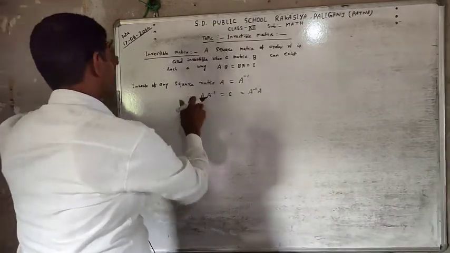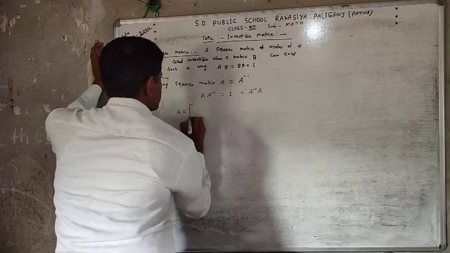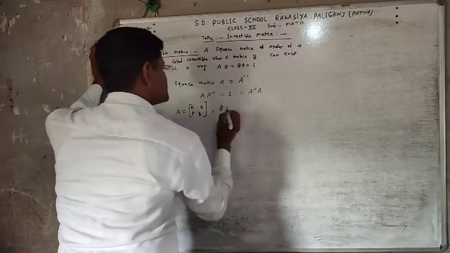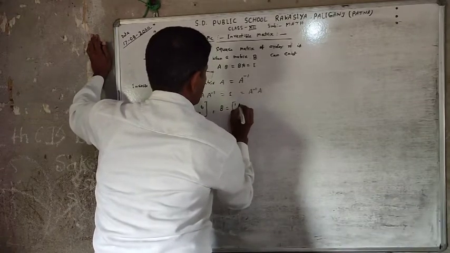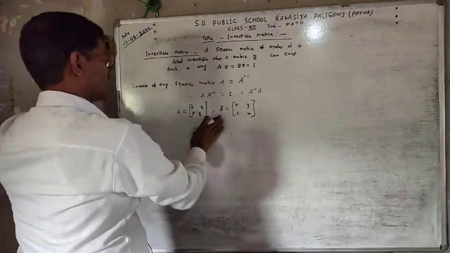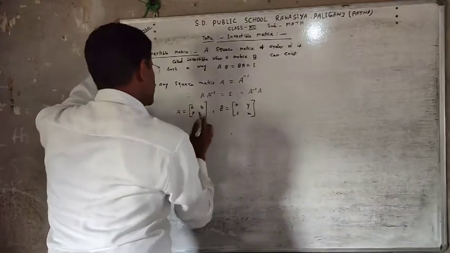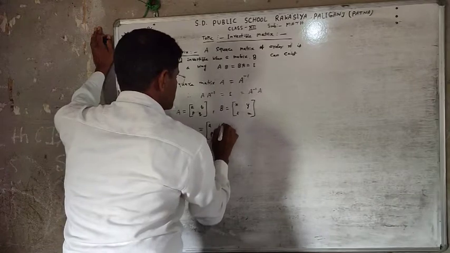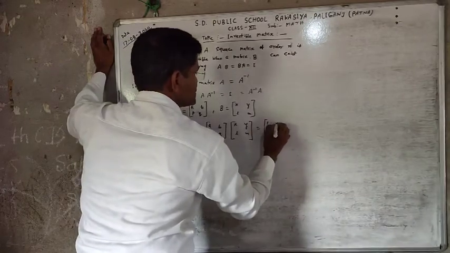Suppose a matrix A of any order is given, with elements A, B and P, Q. Suppose B is a matrix of the same order with elements X, Y, L, M. If we multiply A and B, the product of A, B, P, Q with X, Y, L, M is equal to 1 0 and 0 1.